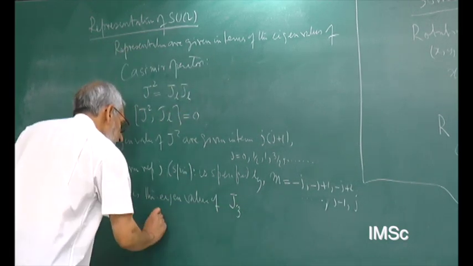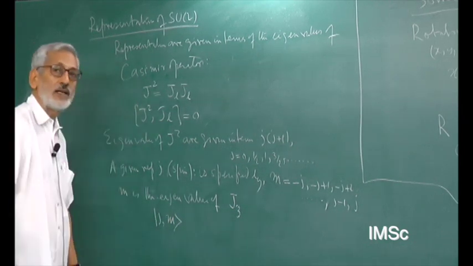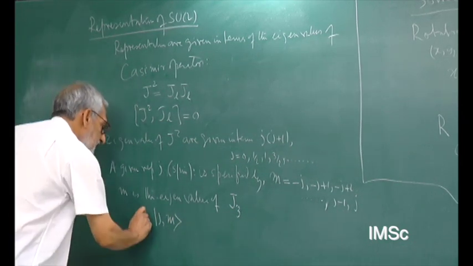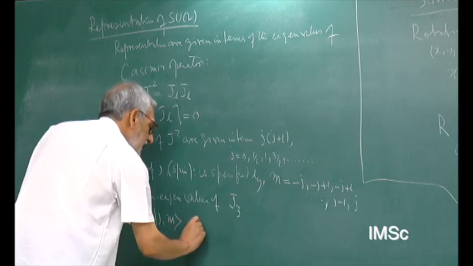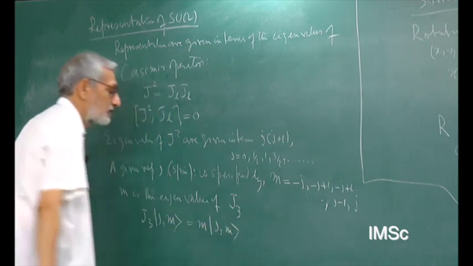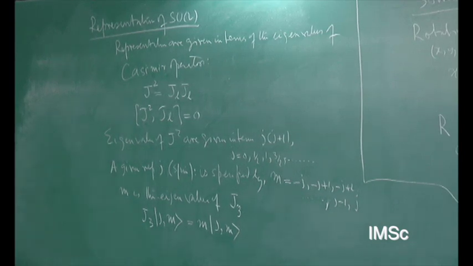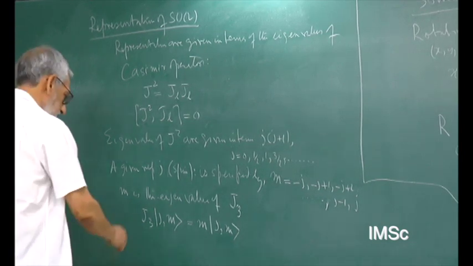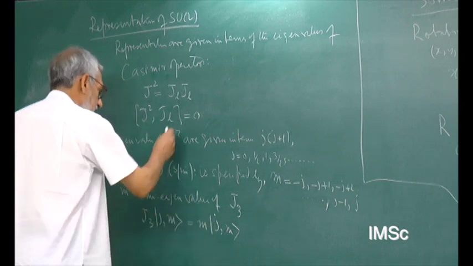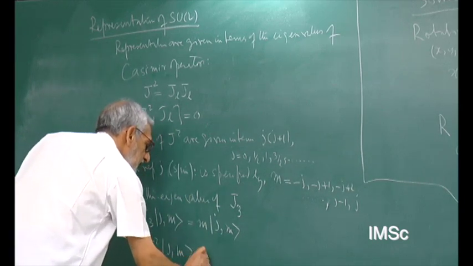That is, if I have a representation j with its components specified by label m, when J3 acts on that, it has the eigenvalue m. And this is an eigenstate of J square also.